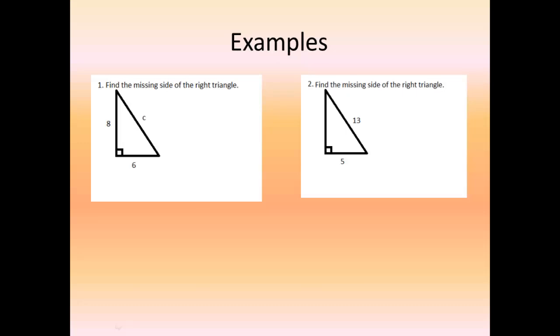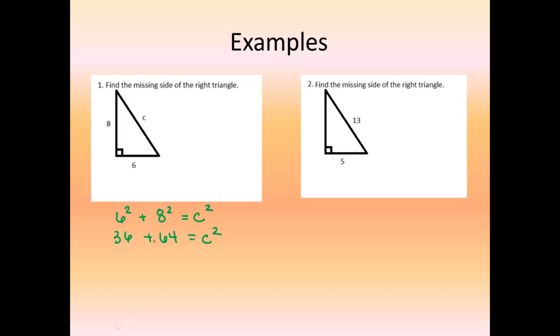In this case, we're finding c, the hypotenuse, which means my work is going to be 6 squared plus 8 squared equals c squared. I'm going to first start by squaring the numbers on the left-hand side. 36 plus 64 equals c squared.